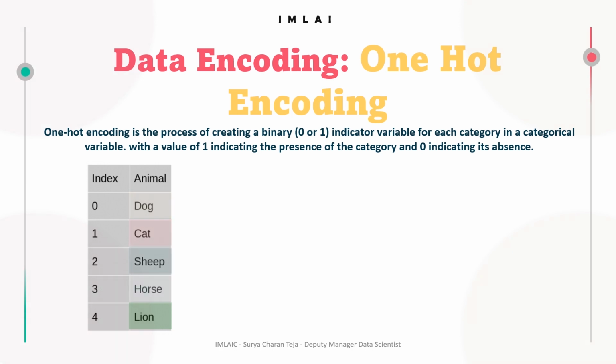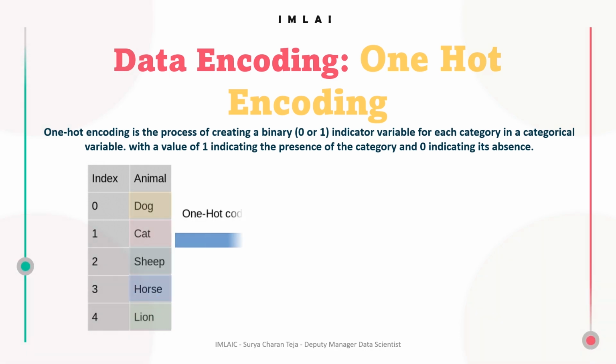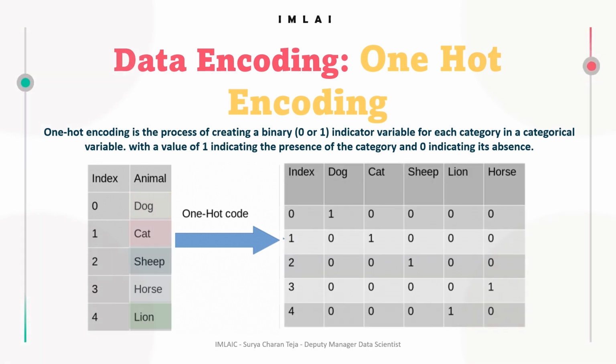Now, if you want to convert this into a numeric variable, you can go for OneHot encoding because this is a nominal variable. In OneHot encoding, this single animal series will be transformed into 5 variables, which are called dummy variables.